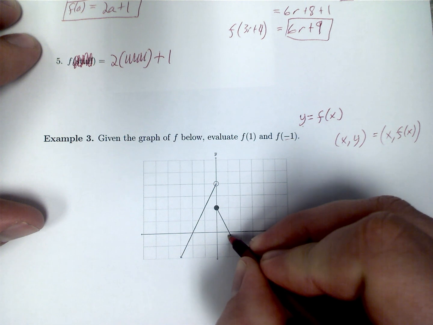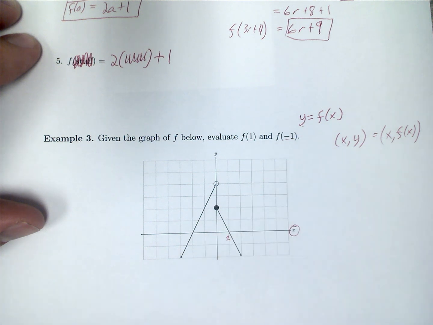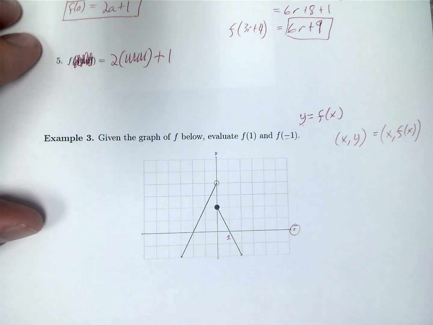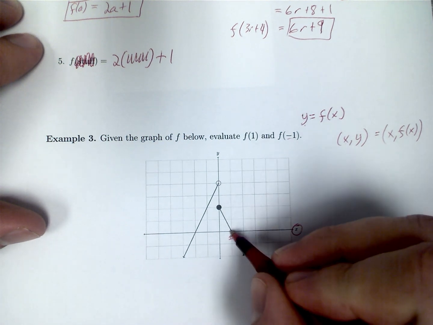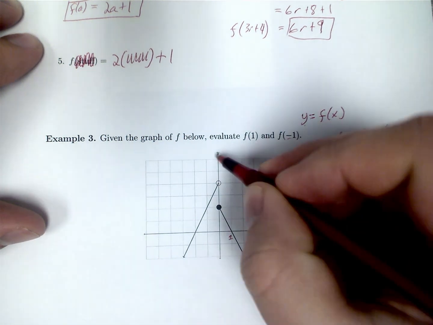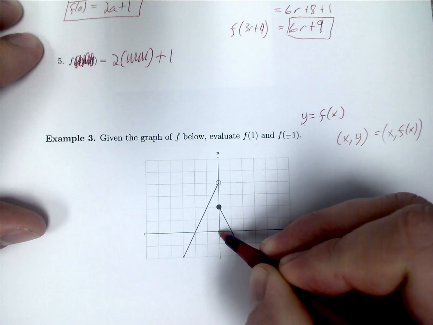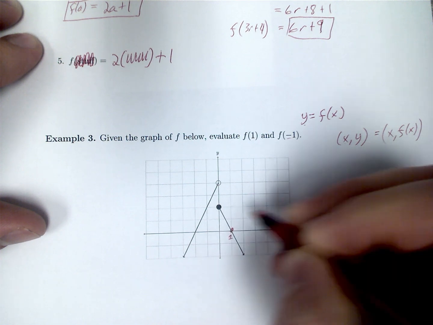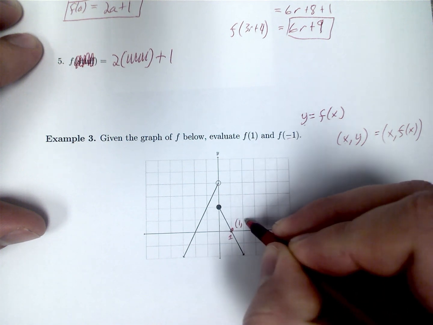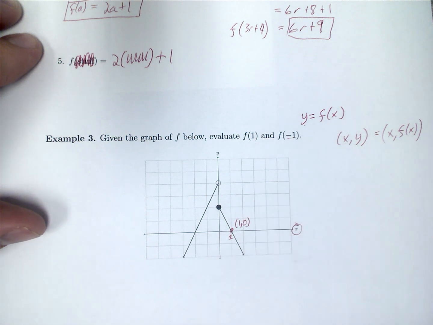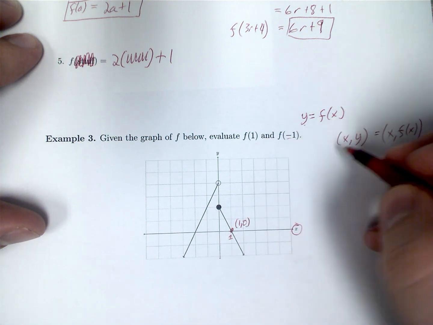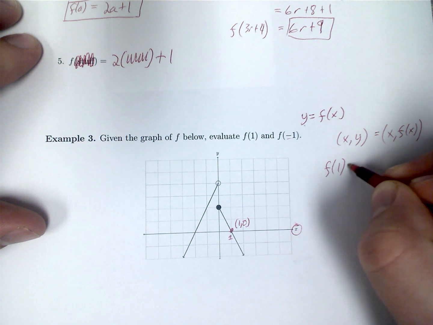This is 1 right here. What is the y value? Well, this is the y-axis, and it's right here. The point here is if you are at 1, you have 0 for the y output. So f of 1 equals 0.